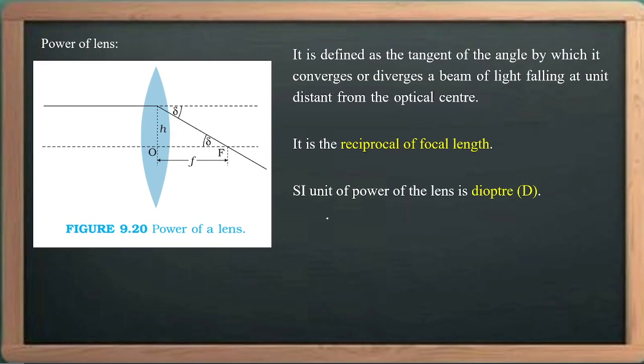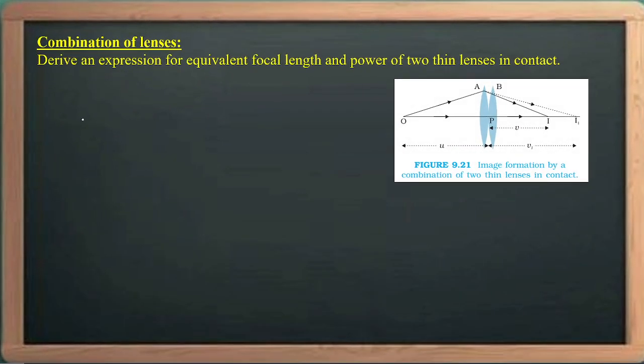Next we have the power of the lens. Power of the lens is given by P is equal to 1 by F. The reciprocal of focal length will give you the power of the lens. Next we have the equivalent focal length and the power of two lenses in contact. If two thin lenses are in contact, you can write 1 by F is equal to 1 by F1 plus 1 by F2, where F1 and F2 are the focal lengths of the two thin lenses.